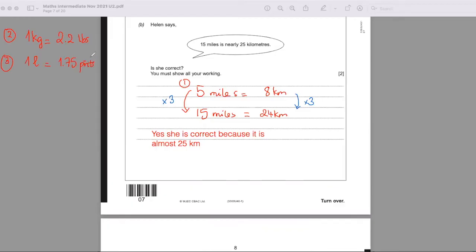The way to remember is the bottle of milk, about 2 pints, which is a little bit more than 1 liter. For 1 kilogram and 2.2 pounds, just remember a bag of sugar, that would be 1 kilogram, and that will be about 2.2 pounds. But they do expect you to know these in GCSE.